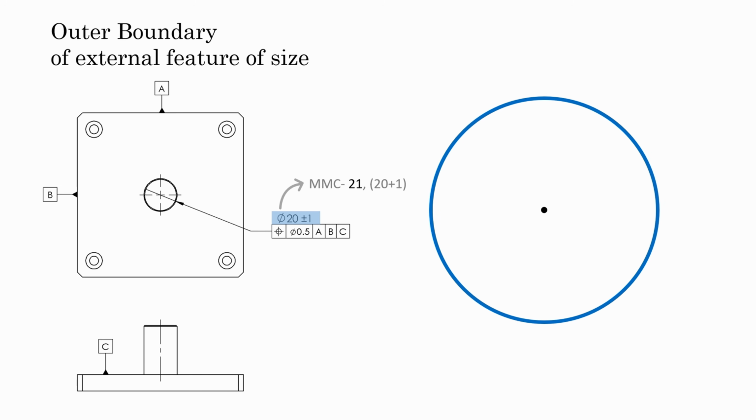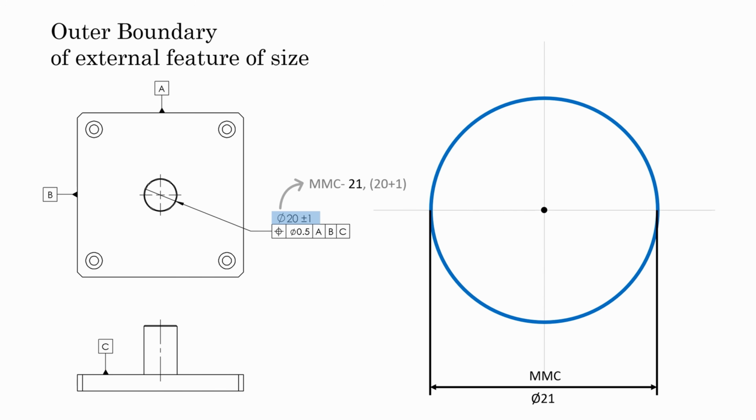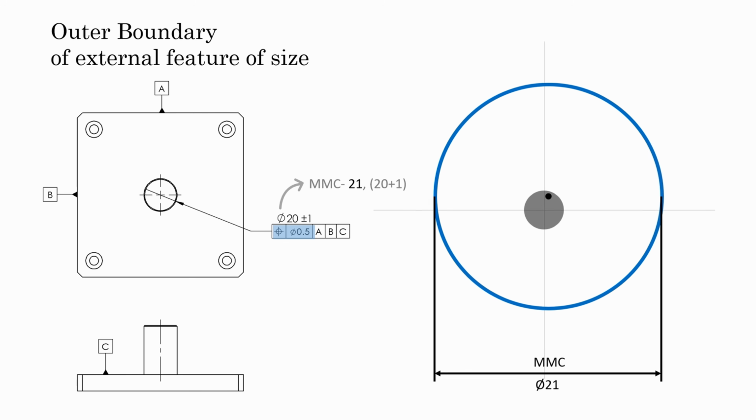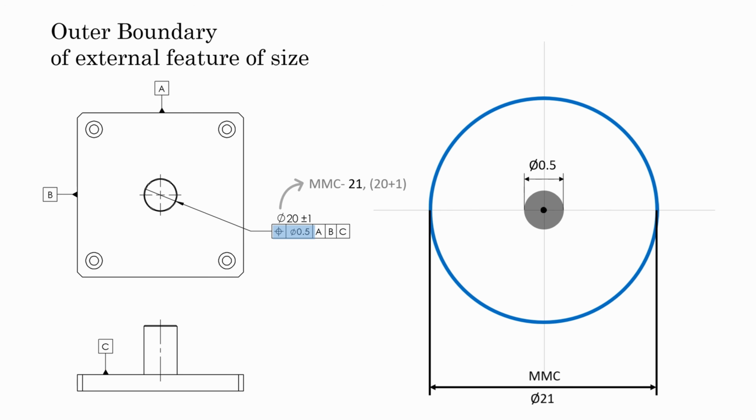And here I have indicated the MMC surface with a blue line at nominal position, at 0 position tolerance relative to datum A, B and C. Now, as the position tolerance is 0.5 mm with a diameter symbol, this means the position of this pin's center line can move anywhere within 0.5 mm diameter from its nominal position.